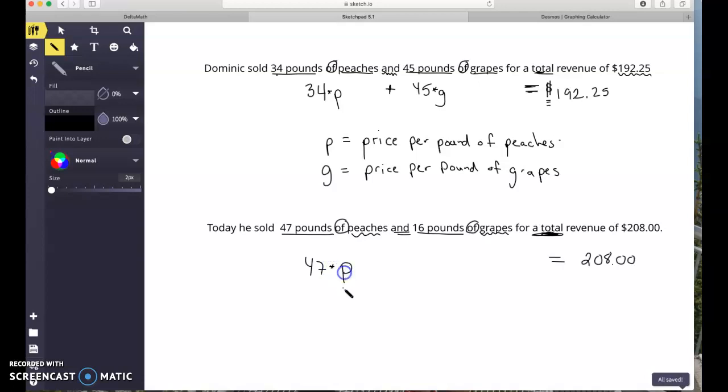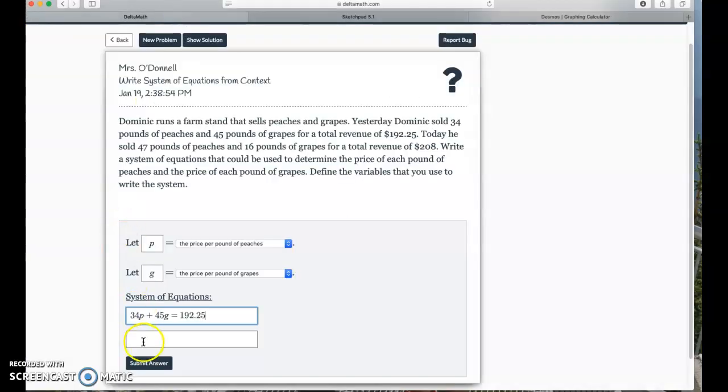We used P to represent price per pound of peaches. The word "and" tells me plus. I've got 16 pounds of grapes for a total of $208. And voila, I have my second equation: 47p plus 16g equals 208.